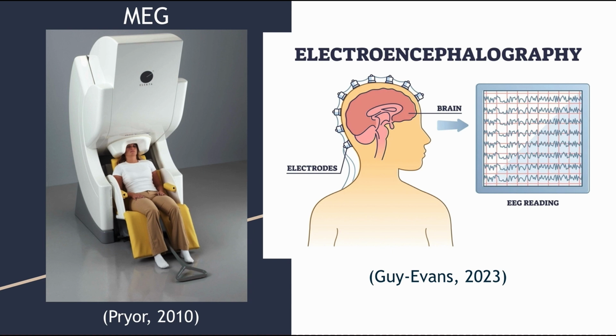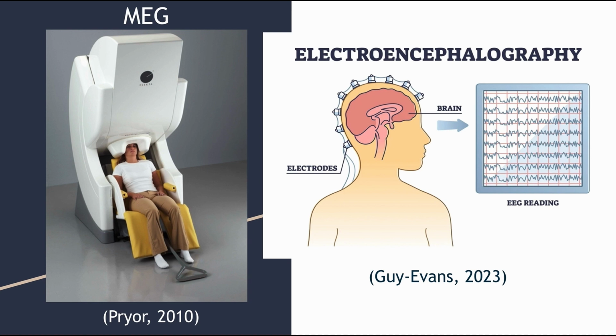MEG has been useful in a variety of studies about how the auditory cortex responds to sounds, or identifying where epileptic seizures start in a patient's brain. Now, MEG is useful for detecting rapid changes in brain activity, but it does not provide the precise location of that activity. So researchers can combine MEG data with fMRI data to obtain good anatomical detail from fMRI and high-speed readings of brain activity from MEG.